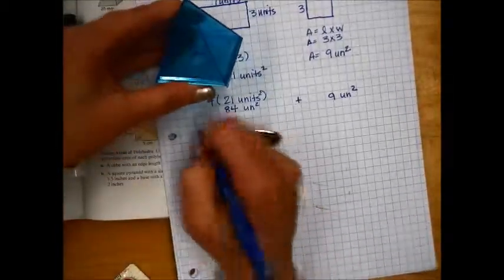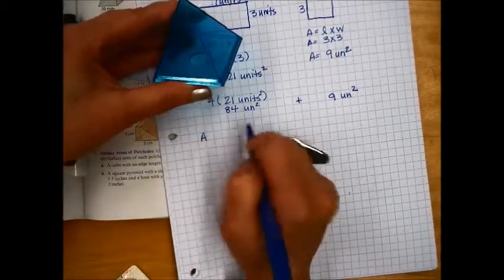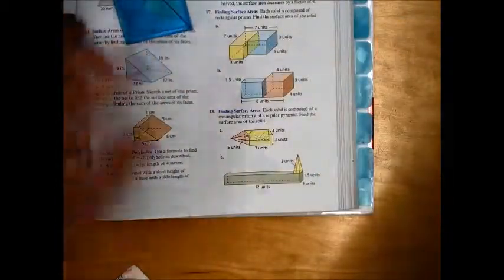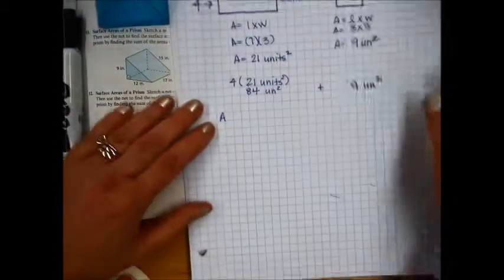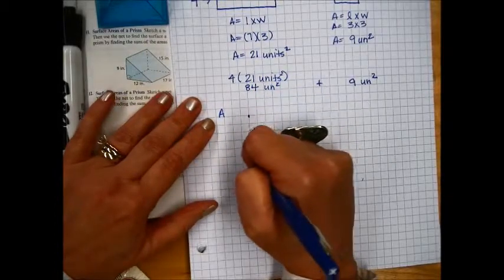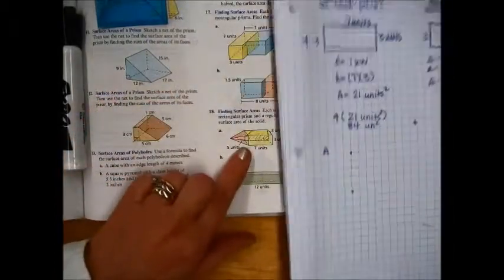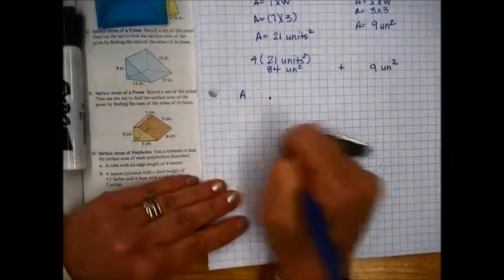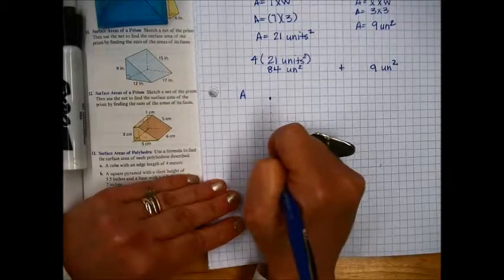Okay, so we know that my triangle, it has a height of 5 units. 1, 2, 3, 4, 5. And it has a base of how many units? 3. And this is kind of weird because that means I got to go 1.5.